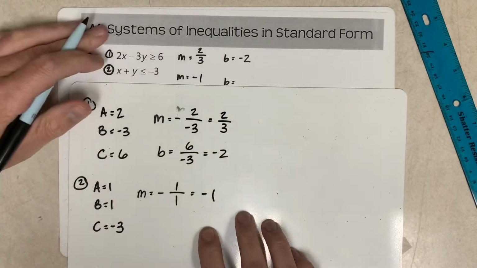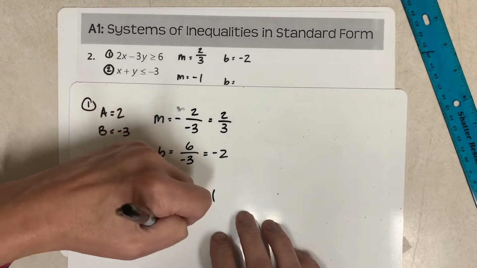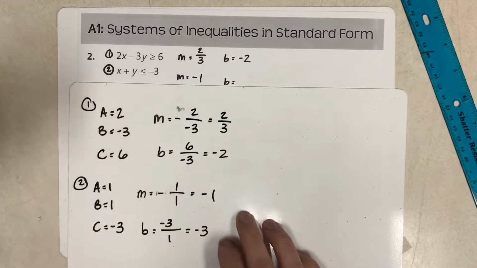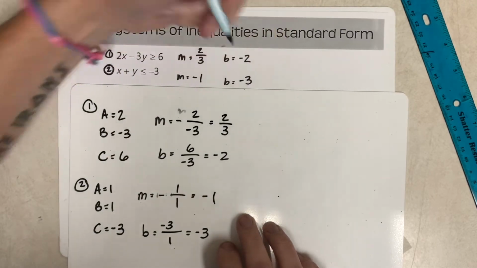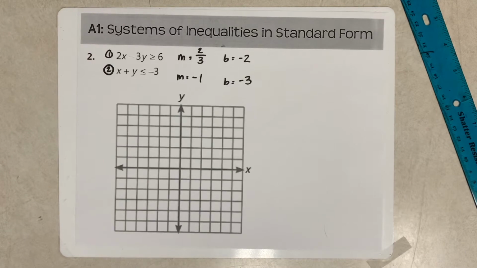My y-intercept is again c over b, so -3 divided by 1 is -3, and so that's going to be my y-intercept.